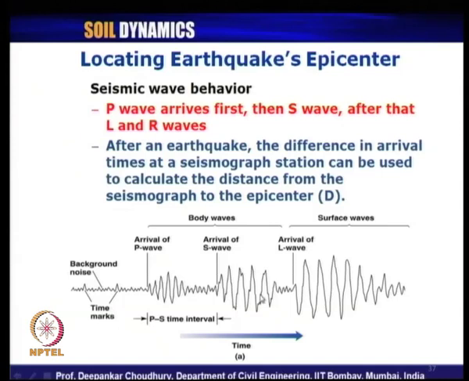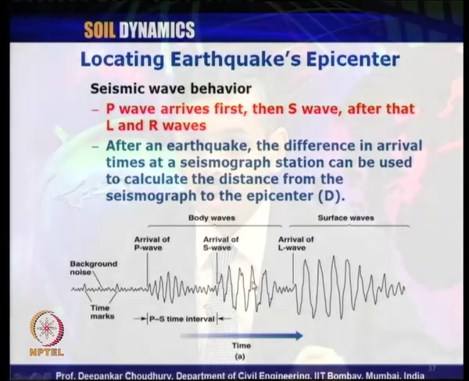Otherwise, if it is located in the shadow zone of the S wave only, obviously the S wave will not come, and you will record only the P wave. And if it is located in the shadow zone of both P and S waves, nothing will appear. So, you will not even feel that some earthquake has occurred in some part of the world.